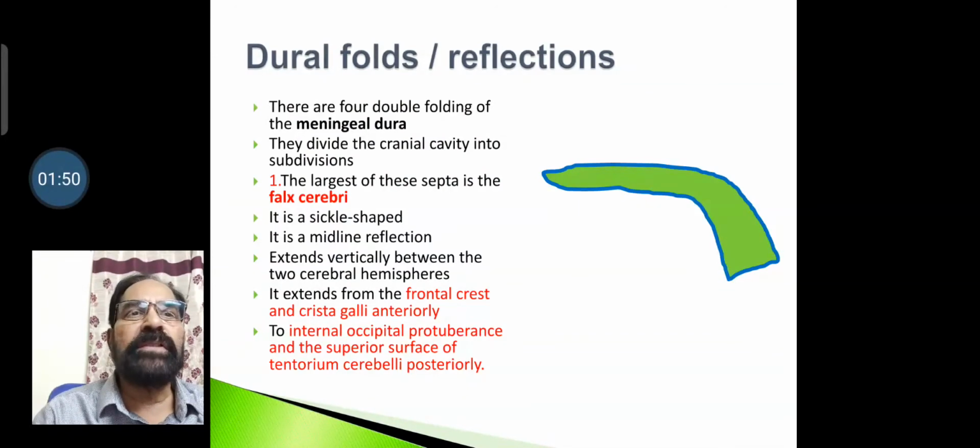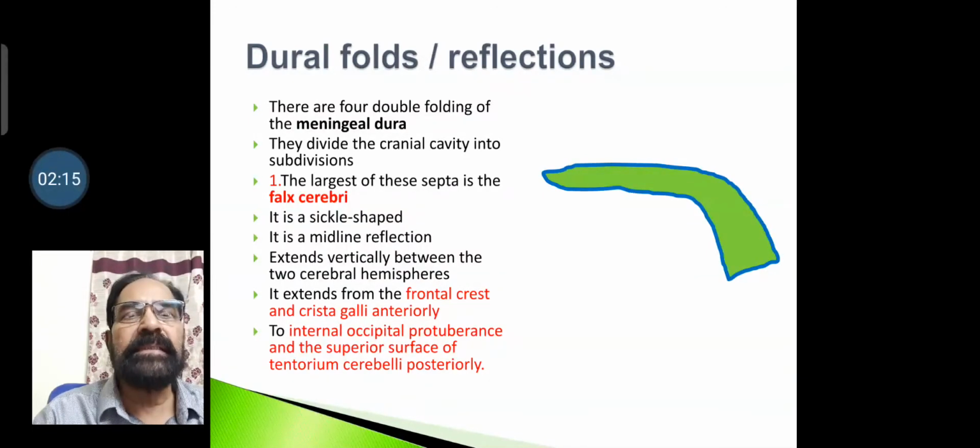Coming to dural folds or reflections, there are 4 double foldings of meningeal dura. They subdivide the cranial cavity into subdivisions. The largest of these is falx cerebri. It is sickle shaped. It is a midline reflection.